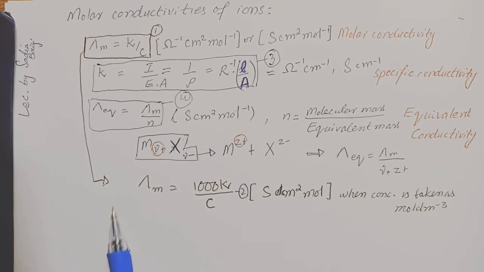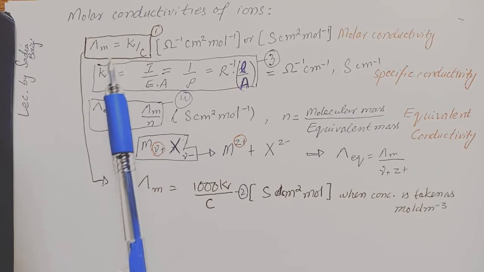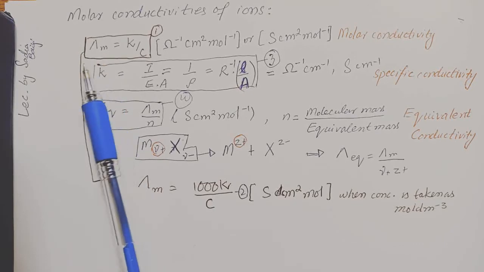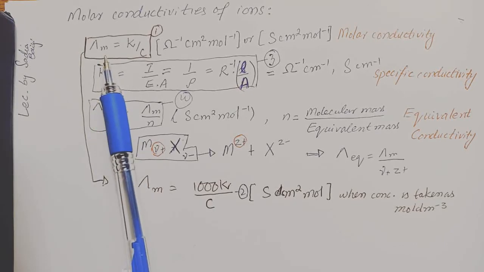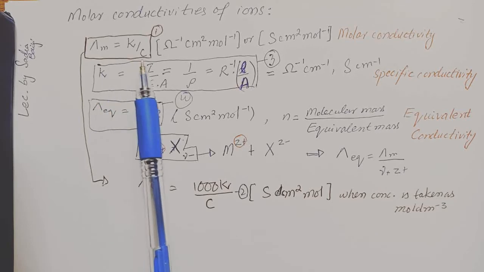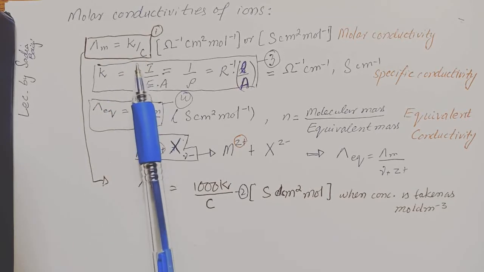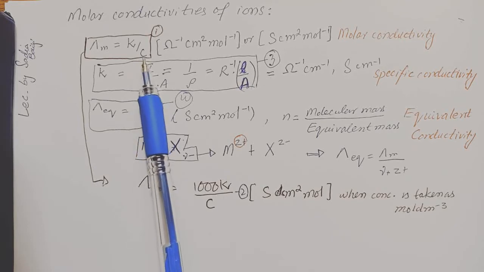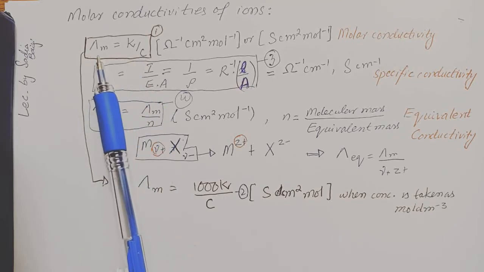So now come back to the molar conductivity. Here molar conductivity is the conductivity of the solution having all electroactive species which contribute to the overall molar conductivity of the electrolyte solution.